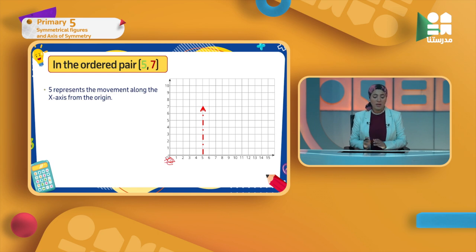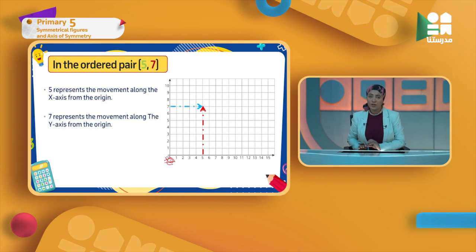What shall I do now with the y-axis? On the y-axis I want to reach the point 7, so I start from the origin point as well and count 7 units upward until I reach the number 7, and I draw an arrow like you see, the blue arrow.